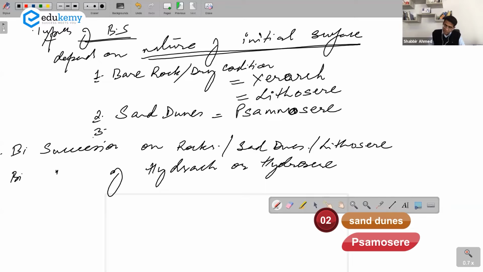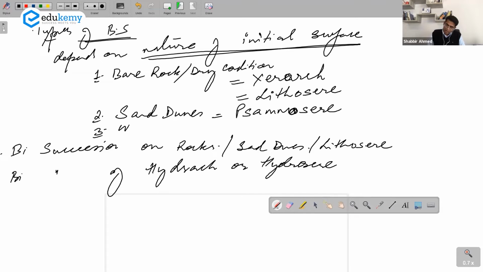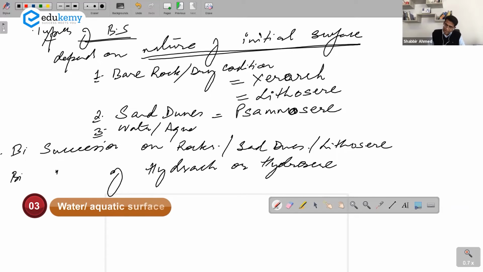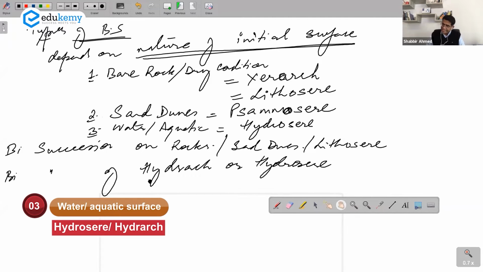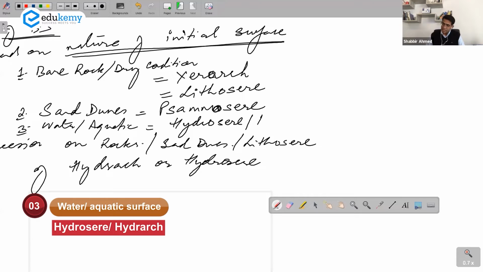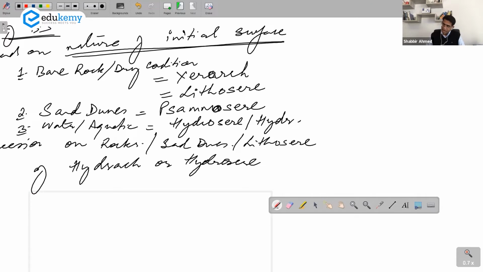If it is on water, some aquatic surface, it is called hydrosphere. It's not exactly the same, there is a slight difference, but we will consider them to be the same. If we go into this much detailing, we'll be finished. Hydrosphere and hydrarch; samosere for dry conditions, xerophytic; and lithosere for the rocks.